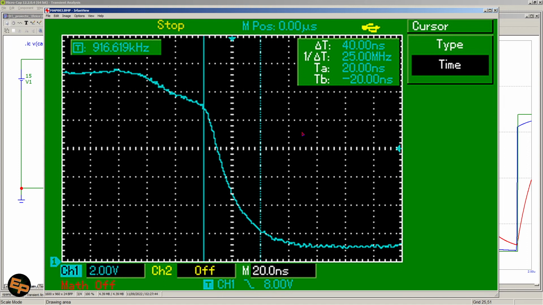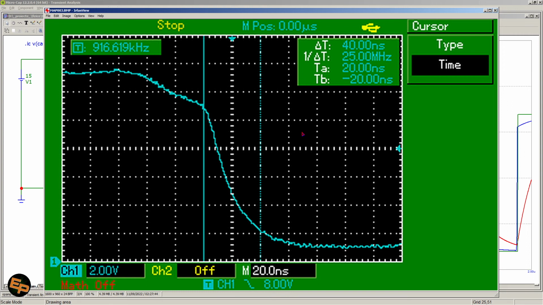Yes, it is 10 times worse than the simulated values, but again, it's a circuit on a breadboard working at 1 megahertz. It's obviously not going to perform all that well. All in all, I'm happy with these results. So I will create the circuit.